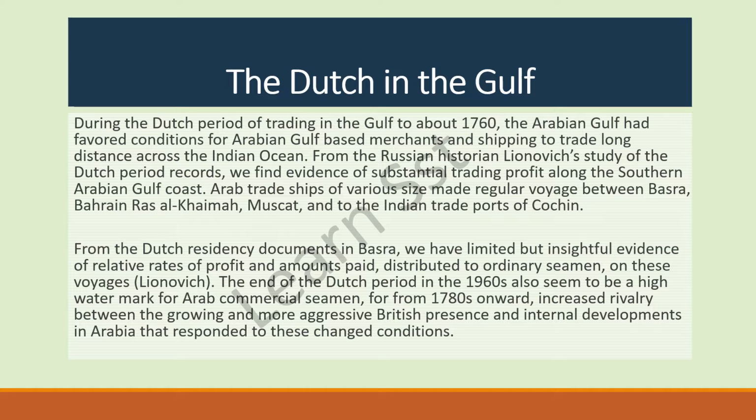From the 1780s onwards, increased rivalry began, and it started growing and taking a very bad shape, with more aggression by the British presence and internal developments in Arabia that responded to these changed conditions.